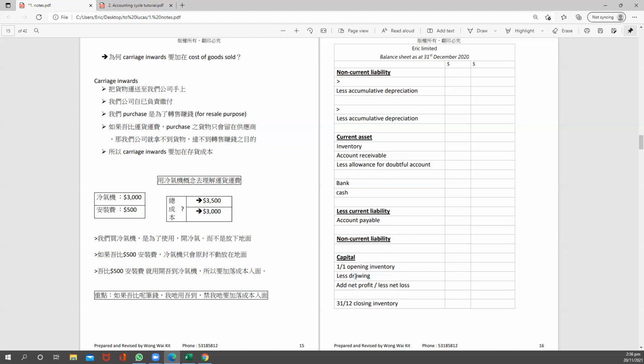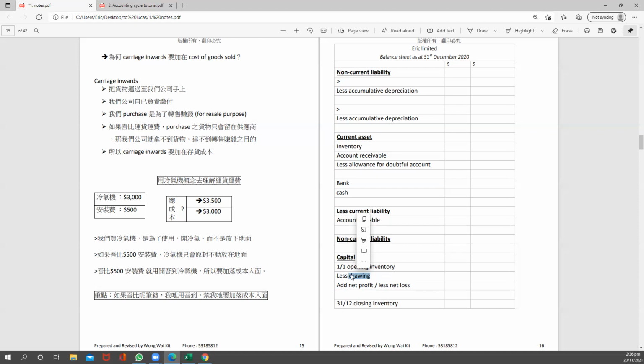How about the less drawing? Why is drawing combined with less? Why less, why not add? What's the meaning of drawing? Drawing means the owner takes something from the business for his personal use.